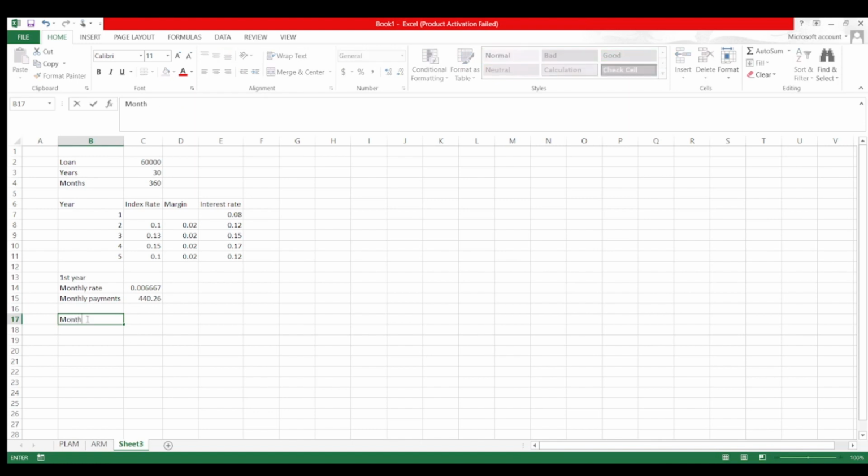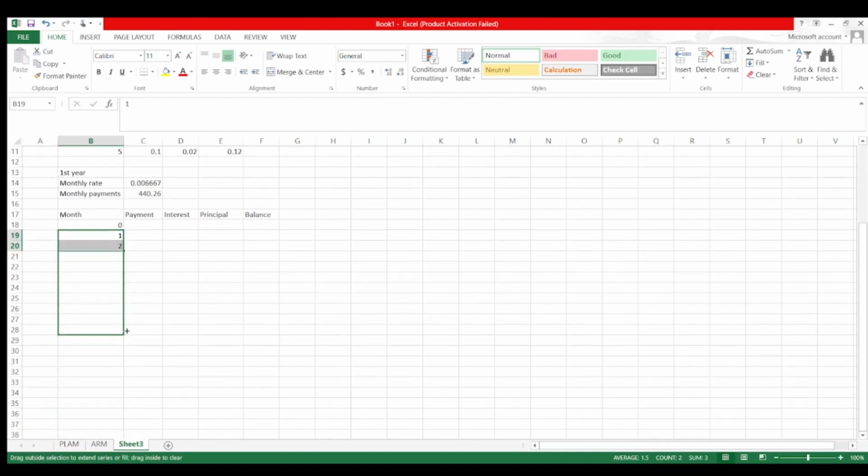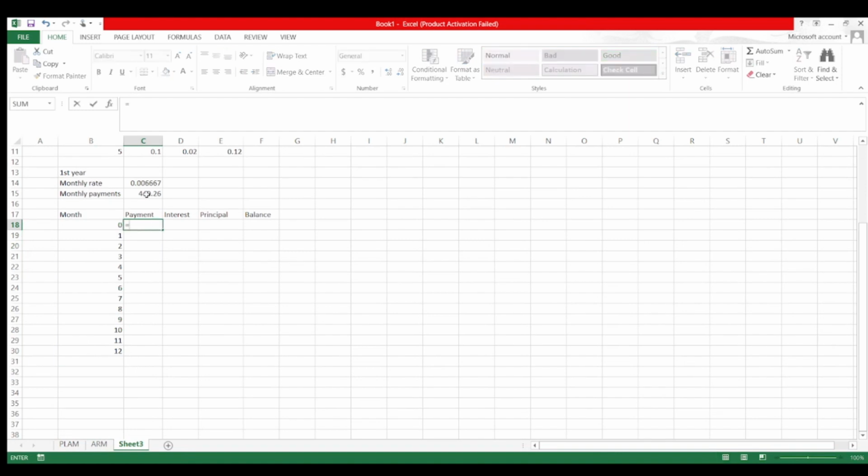So here first we have month, we have the payment, we have the interest, principal, and the balance. Then we have from month 0 up to 12. So our monthly payments will be this amount.